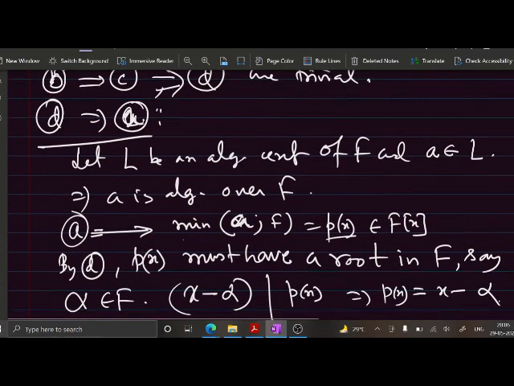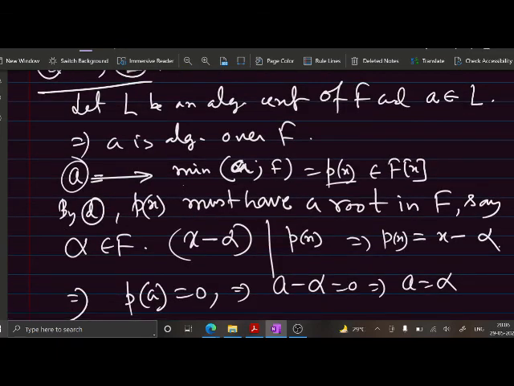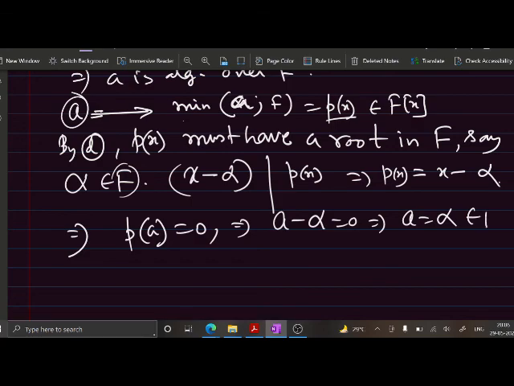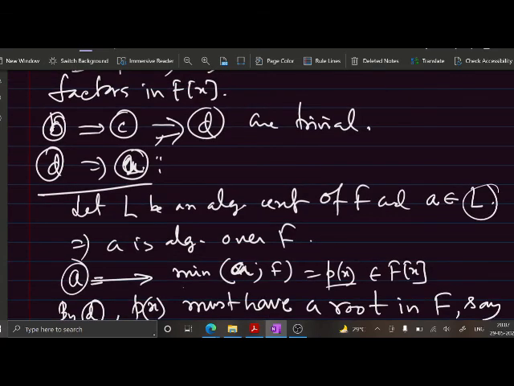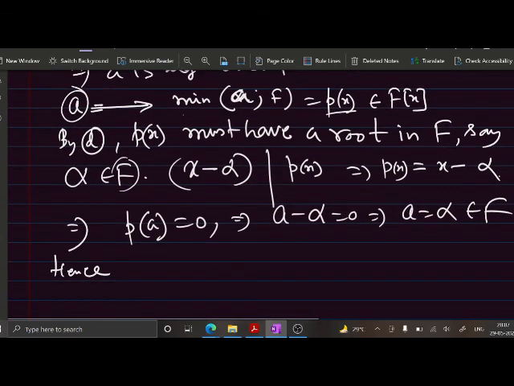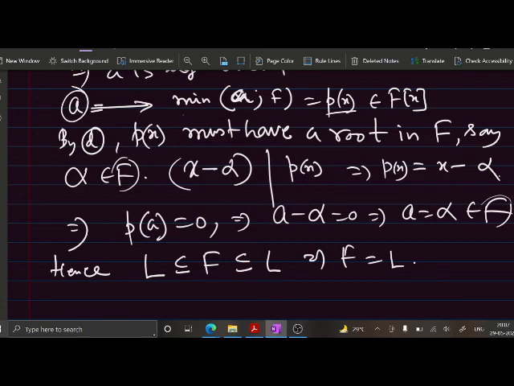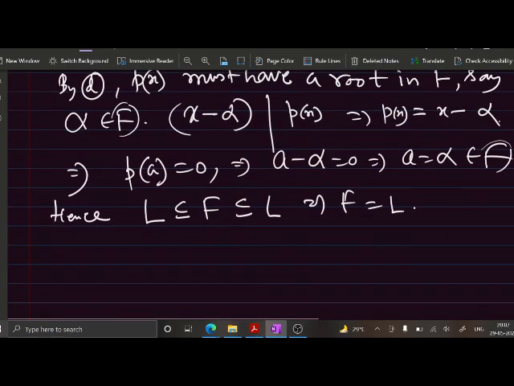So since alpha is a root of p(x) in F, alpha belongs to F, so a belongs to F. তাহলে তুমি কি দেখলে, so hence any element taken from this L will be sitting inside this F. So L is a subset of F, F is a subset of L, so F equal to L. So this completes the proof.